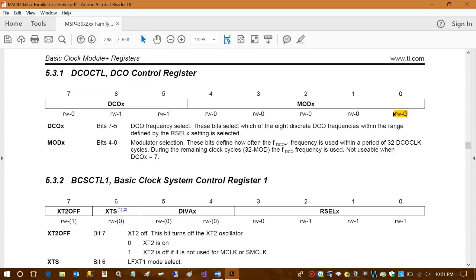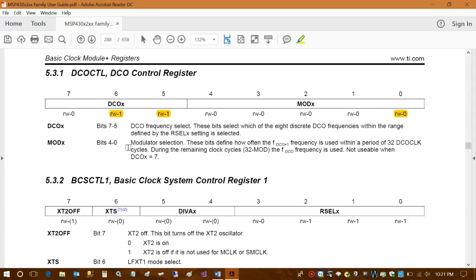So the MODx, or the modulation selection, is by default taken as 0. And the DCO, you can see it is 1 and 1, that is 3. So the DCO value by default is selected as 3.